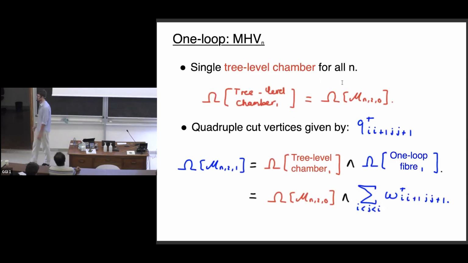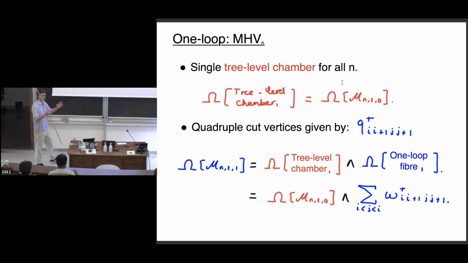So let's take a look at an example. The example is for MHV at any n. It turns out the tree level space consists of a single tree level chamber. So the canonical form of the tree level chamber is just equal to the entire amplitude.